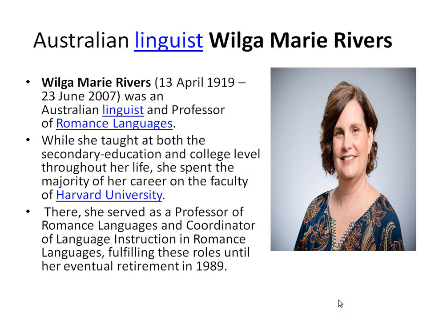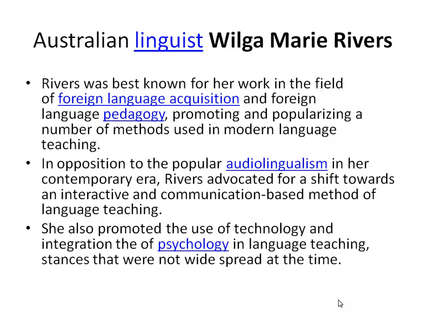Here, the Australian linguist Wilga Mary Rivers, we will not be reading all the details of her. Rivers was best known for her work in the field of foreign language acquisition and foreign language pedagogy. Pedagogy means methodology. Pedagogy means in which way a language can be taught, in which way a second language can be learned.